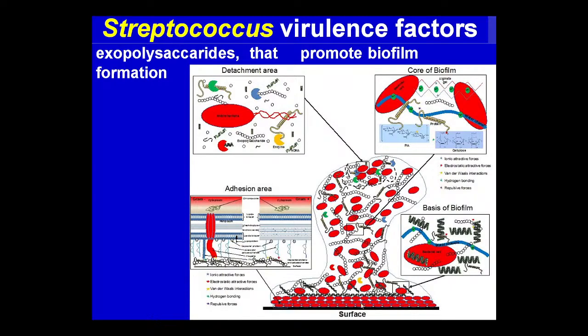And that's how it may happen. The matrix of bacteria with the polysaccharide serves as an anchor for other bacteria to bind and form the biofilm on the surface of the substrate.